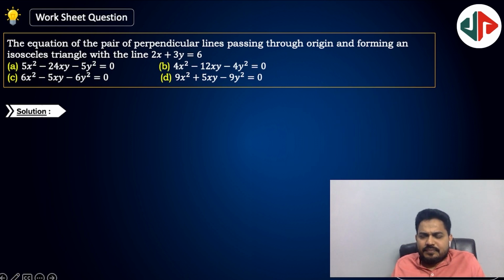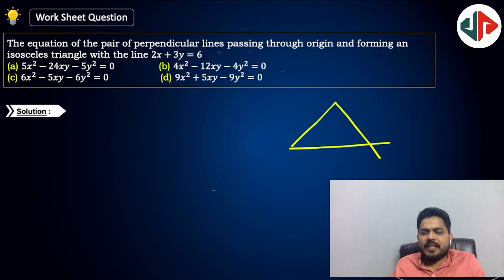See, I need to find this, and they have given this line. What is this line? 2x plus 3y is equal to 6.